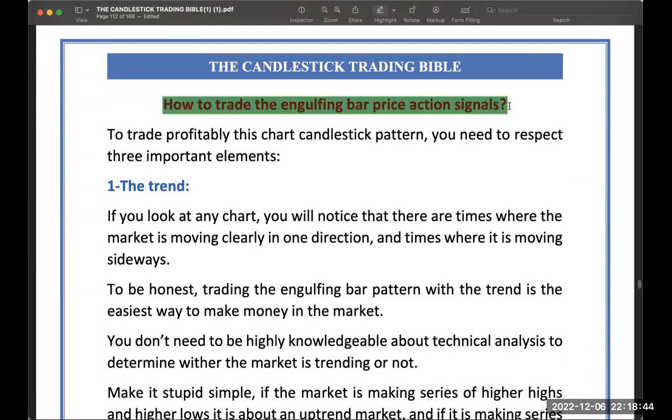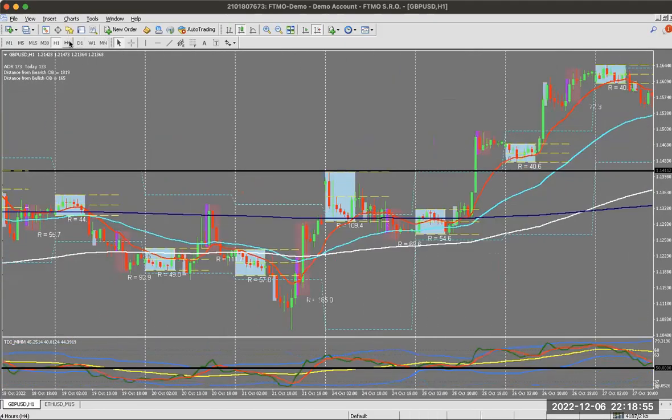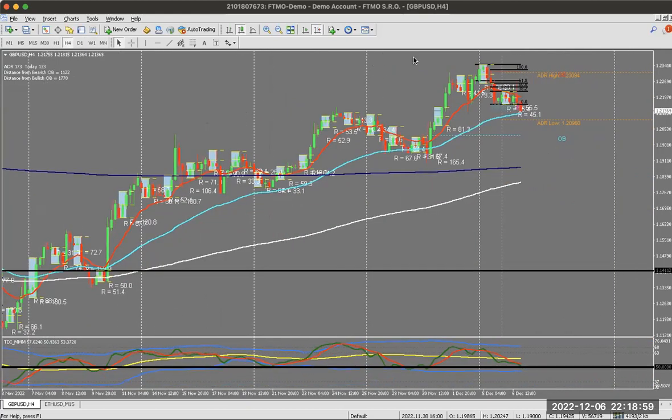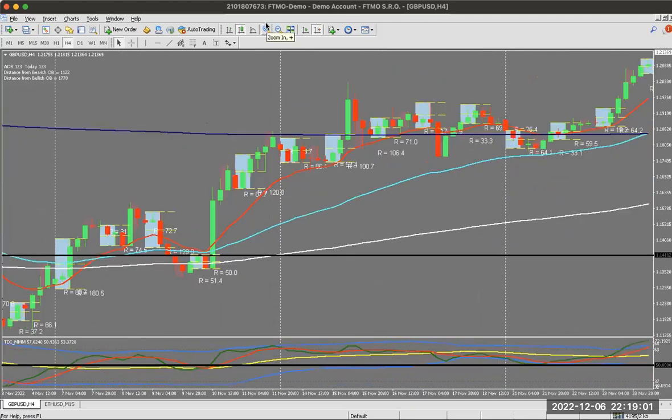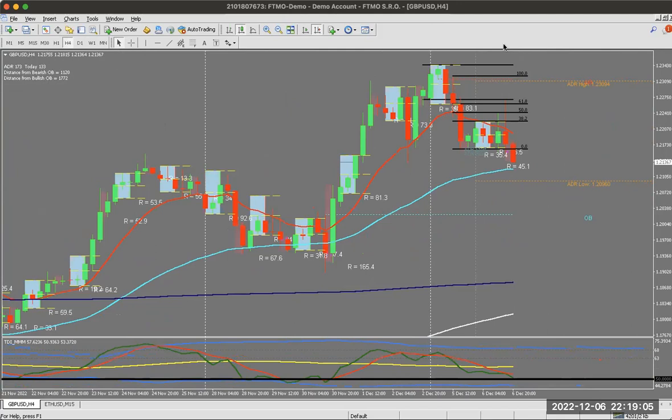price action signals. Okay, before we proceed, we just want to quickly slide to the chart. Let's look for an example. Let's zoom in. Okay, we're not going far. This is today's price action.